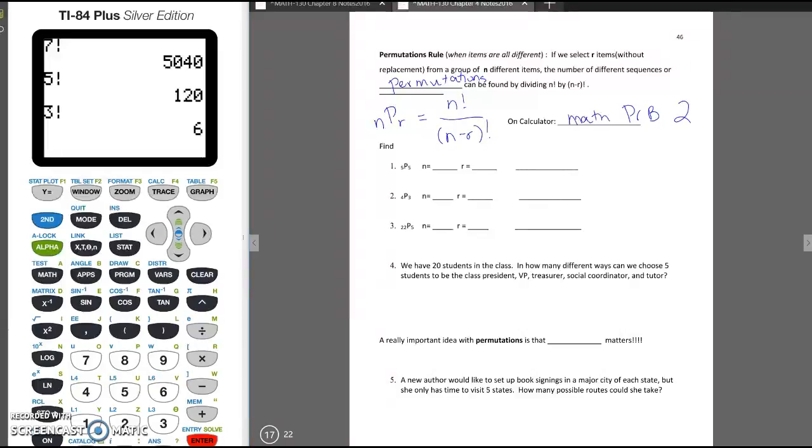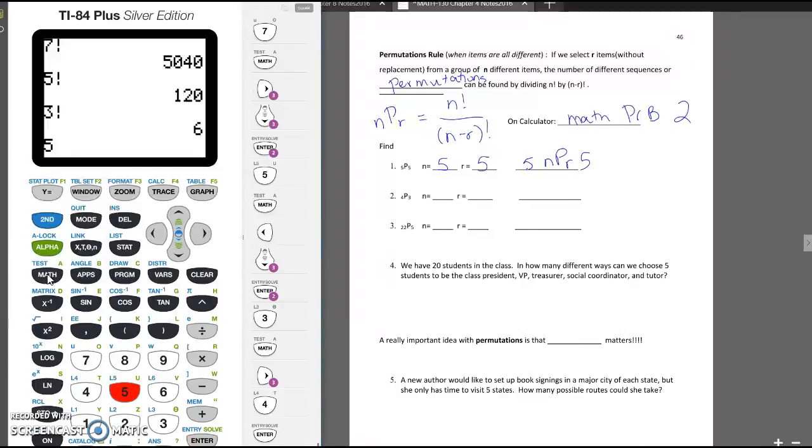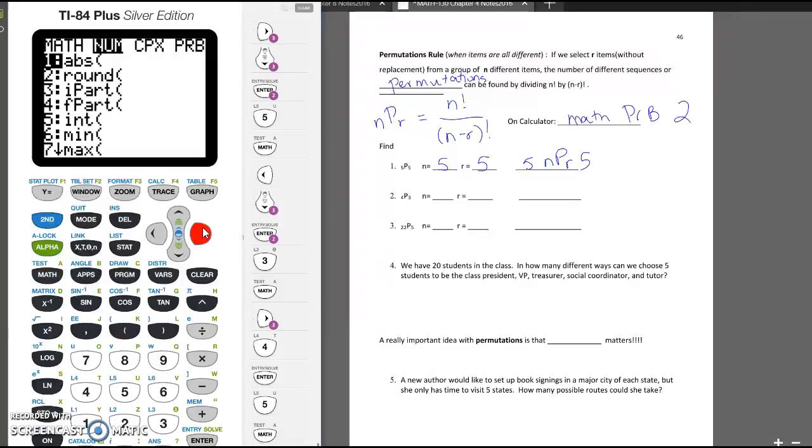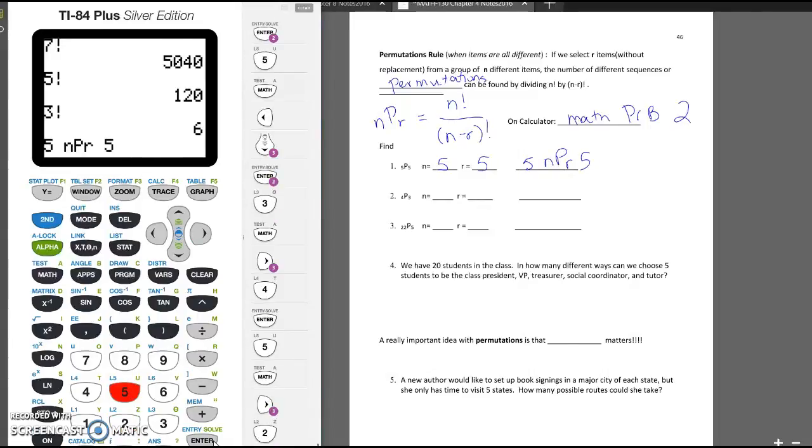So here, if we have 5P5, n would be 5 and r would be 5. So we'd be doing 5. On the calculator, it'll say nPr, and then we'll do 5 again. So you're going to put your first number in, and then you'll hit math, go over to PRB and choose number 2, and then put your second number in.